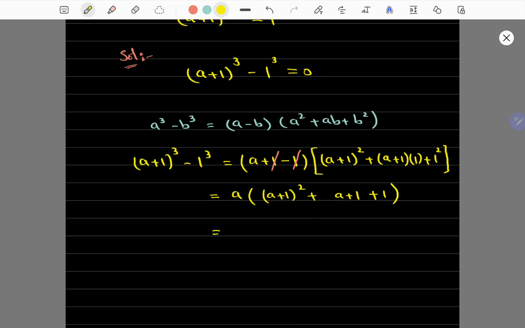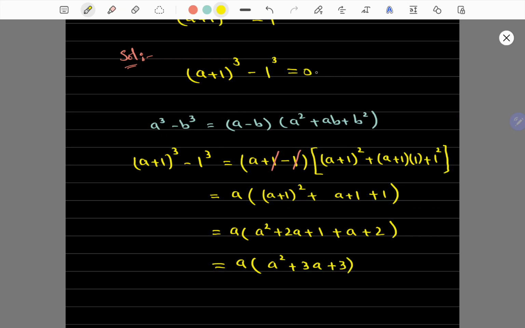So simplifying this one, a times (a^2 + 2a + 1 + a + 2), and this will lead to a times (a^2 + 3a + 3).